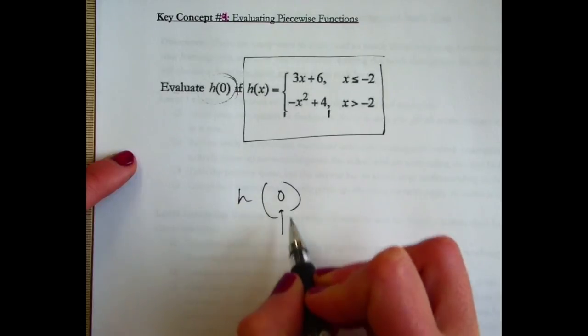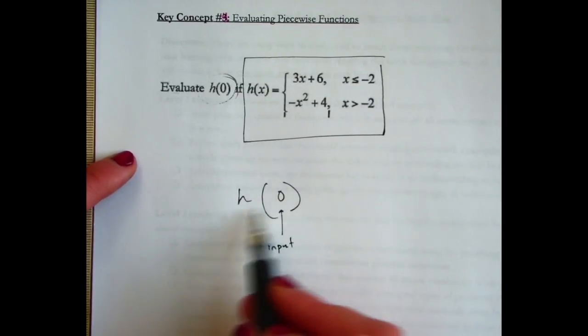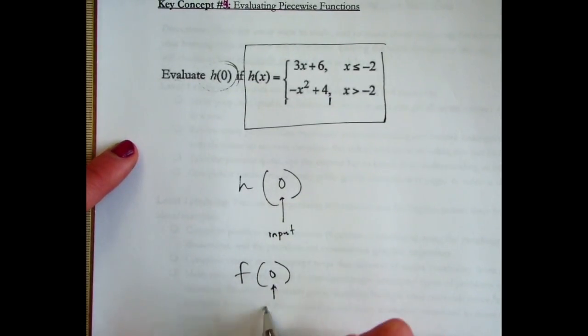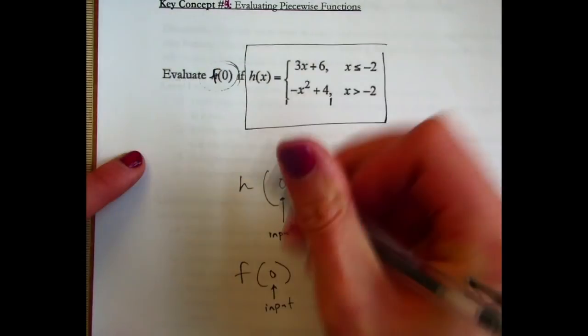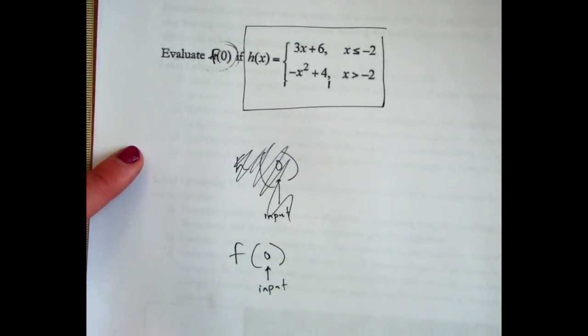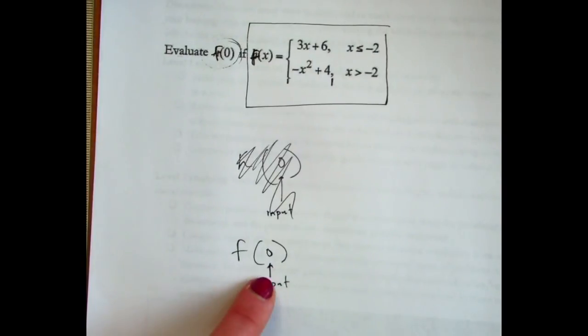If it helps you to rewrite it as f of 0, to remember that this is your input, that's completely fine. You could replace this with f. It would be the same thing. And then this would be f of x. Okay, so if my input is 0, what is my output going to be?